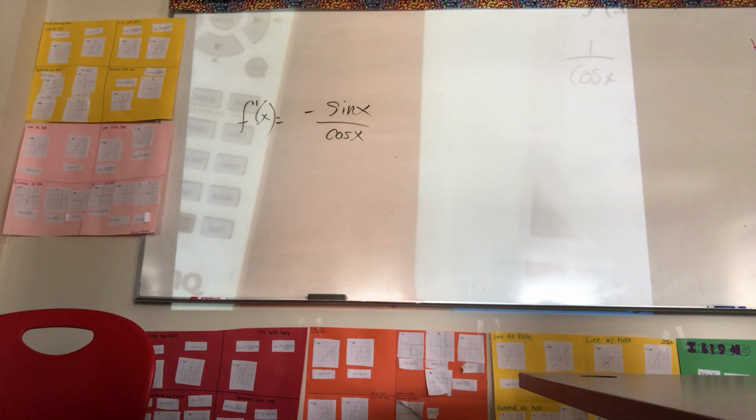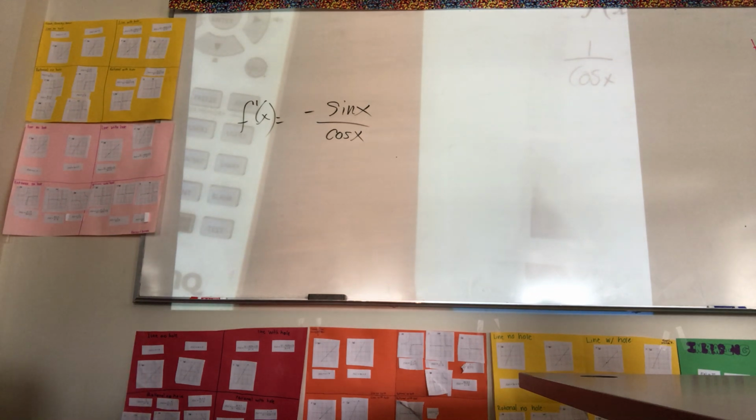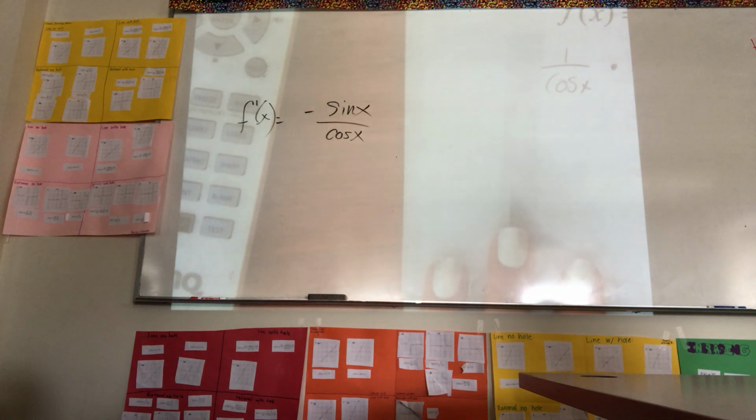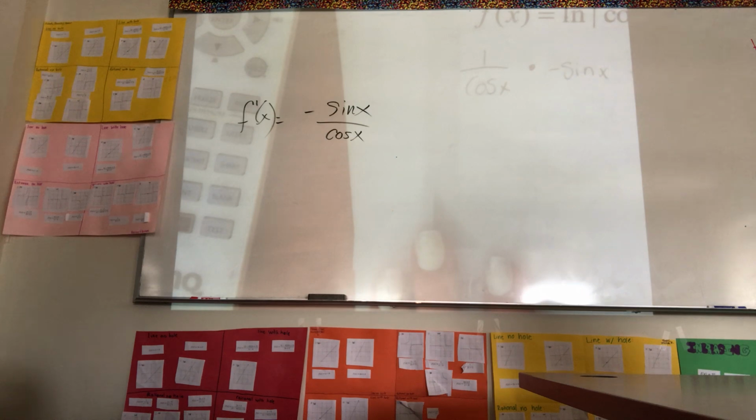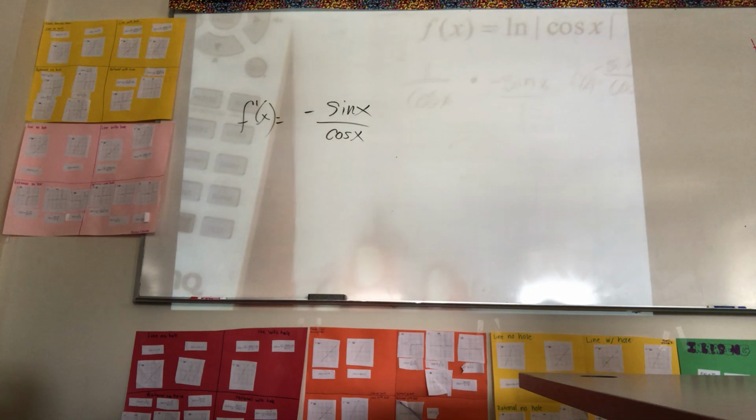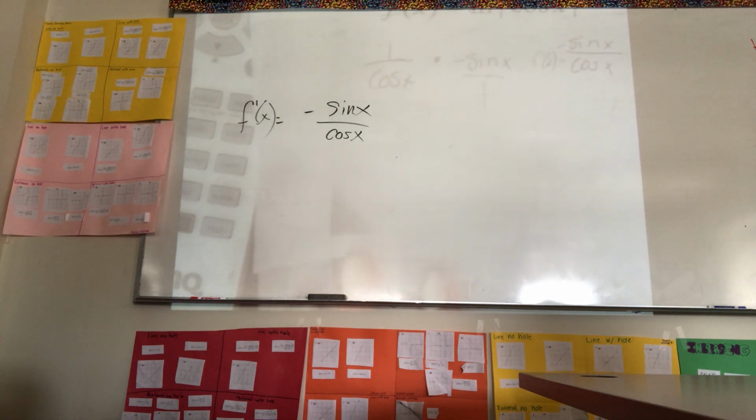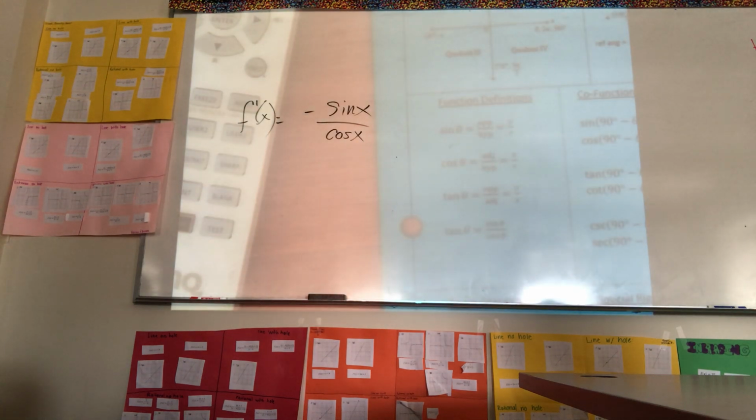It's 1 over what's inside the absolute value, which is cosine of x. Then you multiply it by the derivative of cosine x, which is negative sine x. Then it becomes negative sine x over cosine x. Love that, thanks.